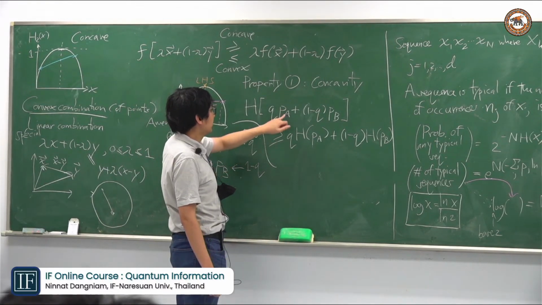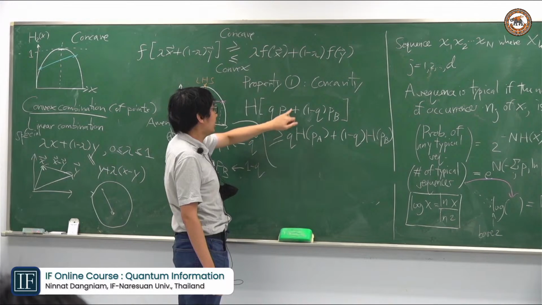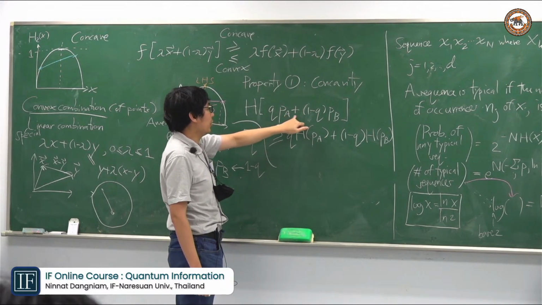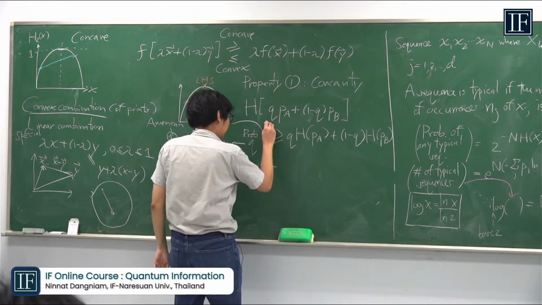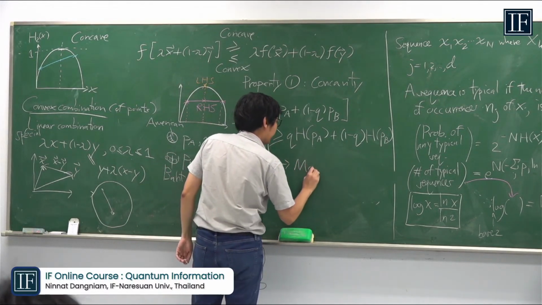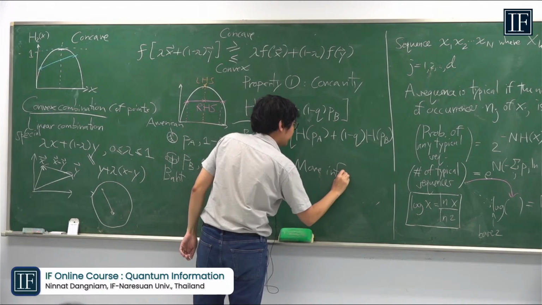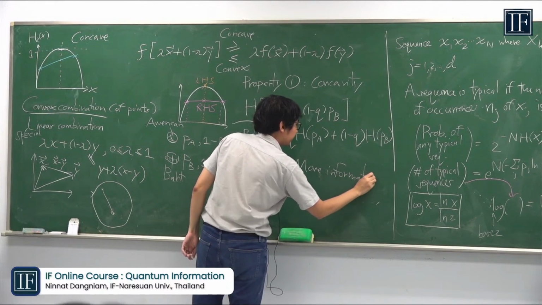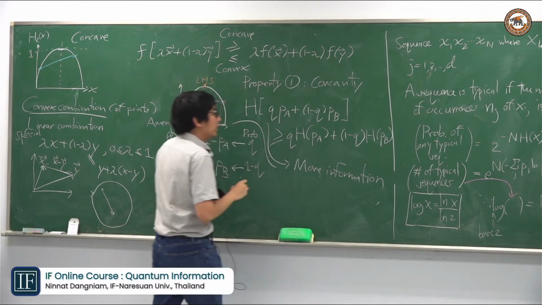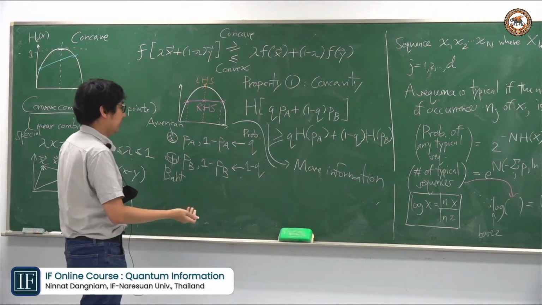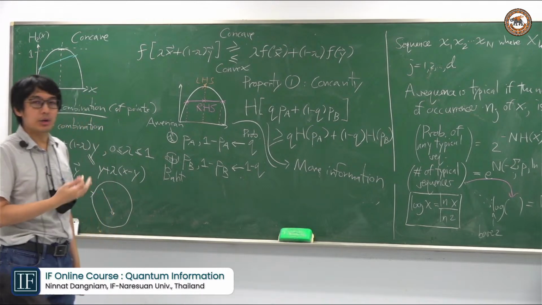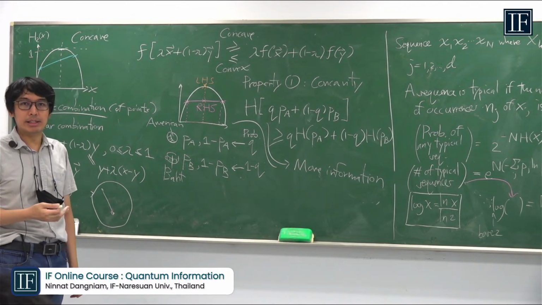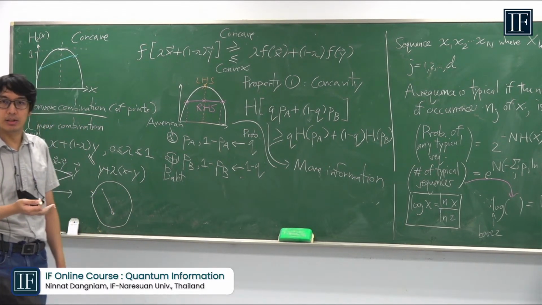But if I toss the coin without knowing whether it's coin A or coin B, I would actually get more information, because beyond learning that the outcome is head or tail, I could also in theory learn the identity of the coin.